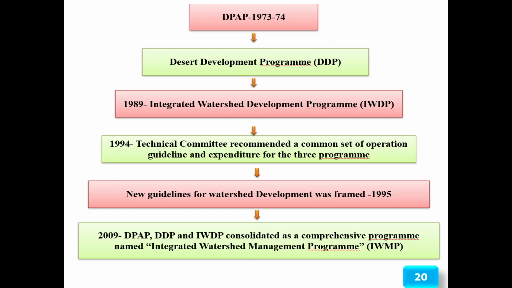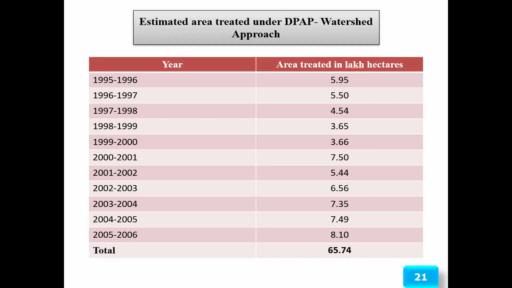Then in 2009, DPAP, DDP and IWDP were consolidated as a comprehensive programme named the Integrated Watershed Management Programme. The estimated area treated under DPAP watershed approaches from 1995 to 2006 is a total of 65.74 hectares.